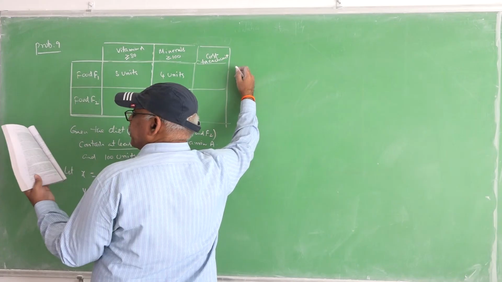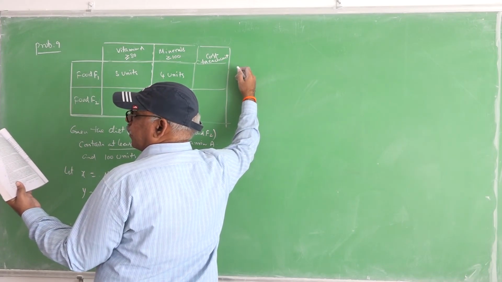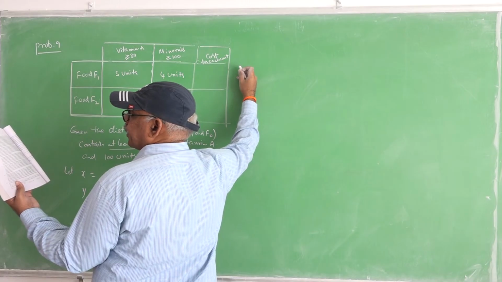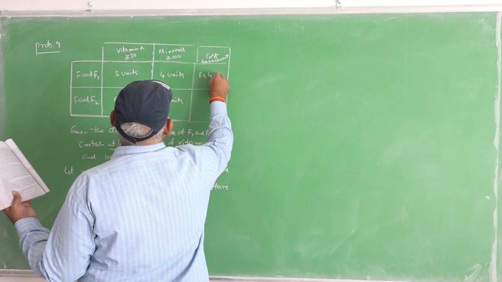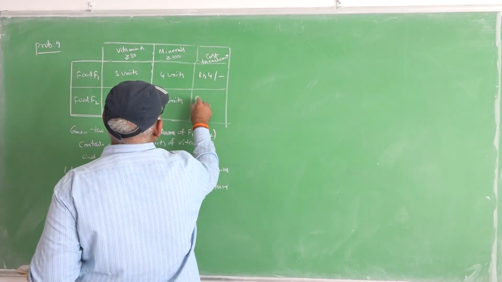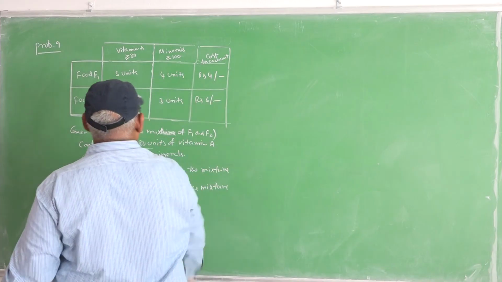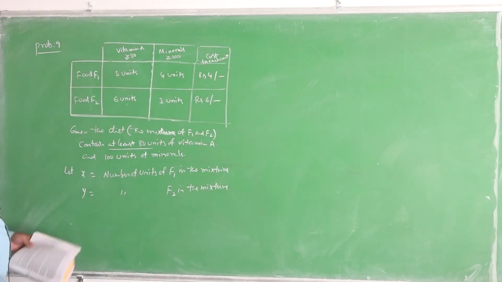Food F1 costs 4 rupees per unit, and F2 costs Rs 6. The cost is to be minimized here.